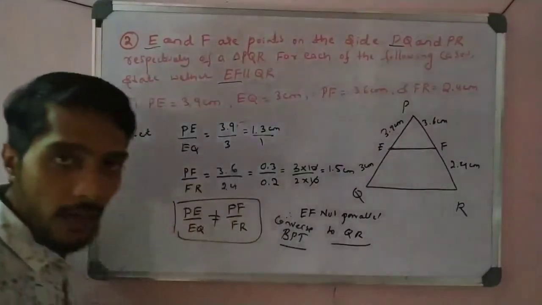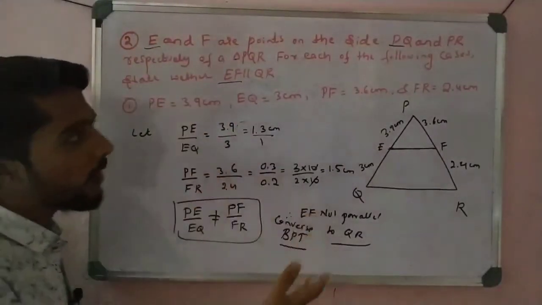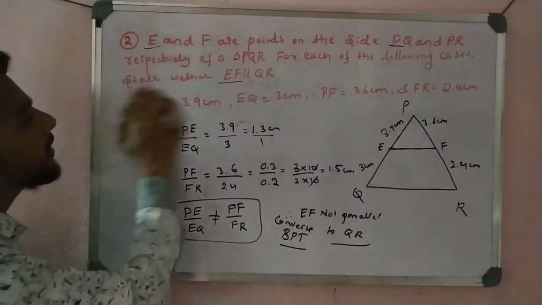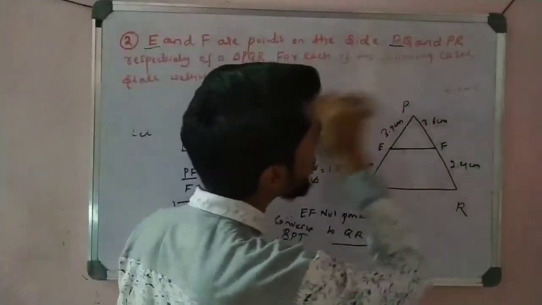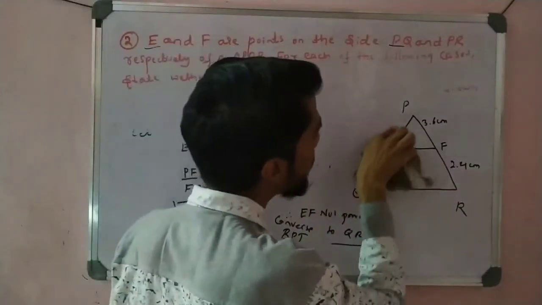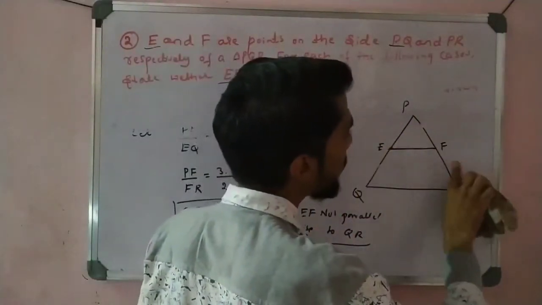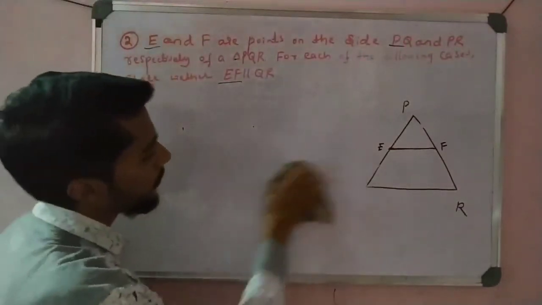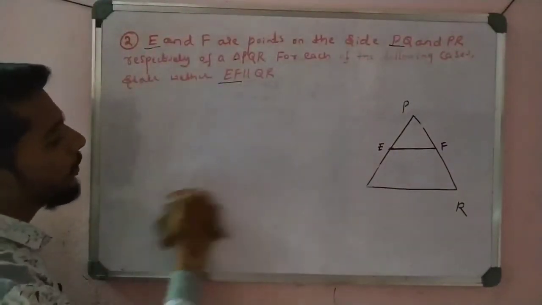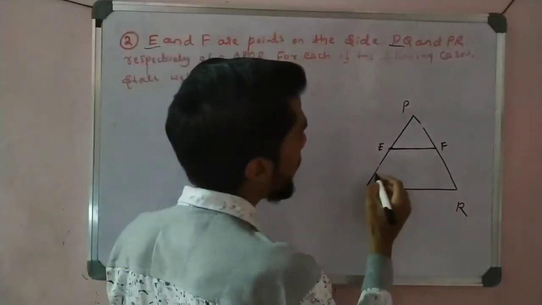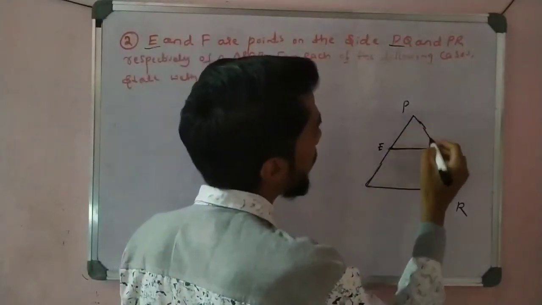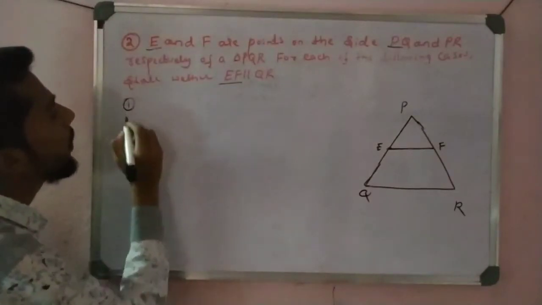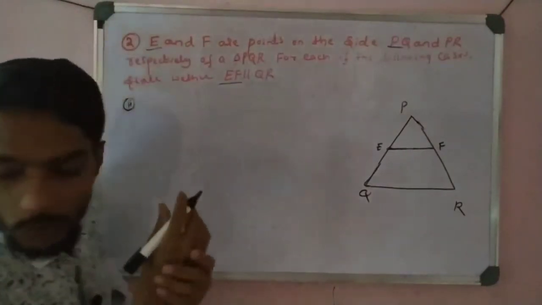So let us take another one for further practice. Write down this one first. Now let us take Roman 2. It is the same PQR diagram, but the values are changed. We have to prove that EF is parallel to QR.